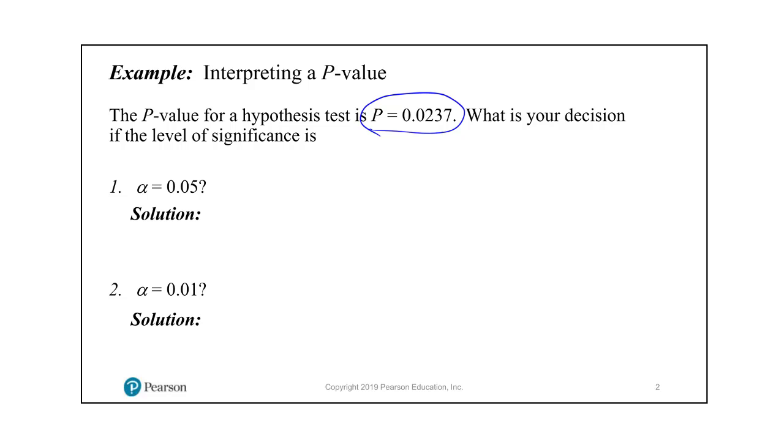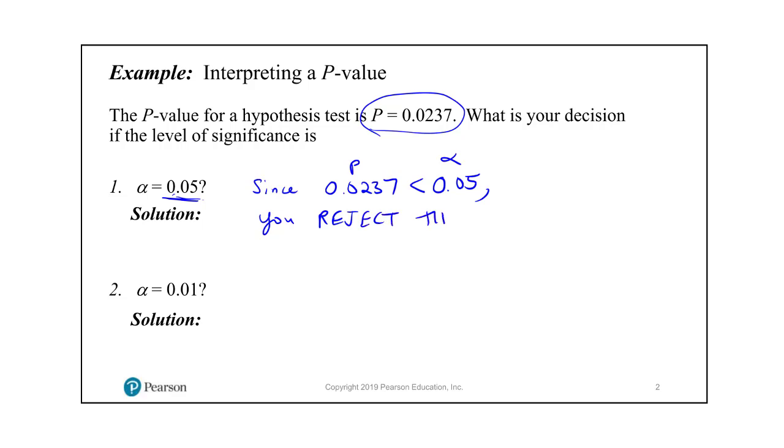Well, in this case, since your p-value, 0.0237, is definitely less than 0.05, the alpha that you've been given, then you would reject the null hypothesis H0.